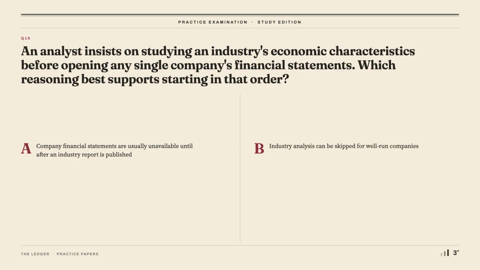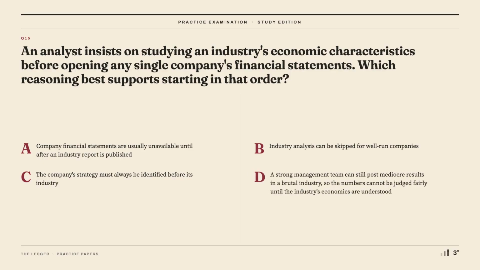B. Industry analysis can be skipped for well-run companies. C. The company strategy must always be identified before its industry. D. A strong management team can still post mediocre results in a brutal industry, so the numbers cannot be judged fairly until the industry's economics are understood. Don't overthink it, which one feels right?